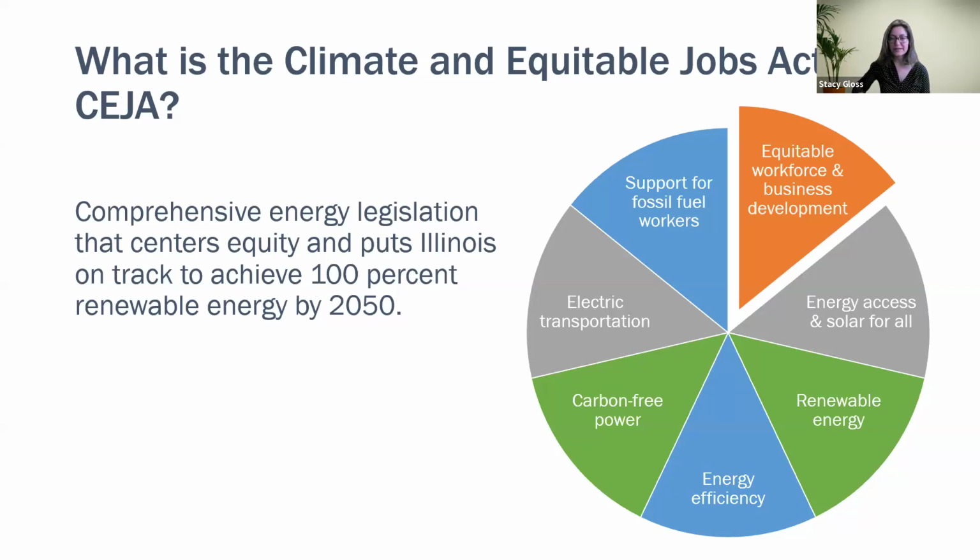We will be talking about these today, but I also want to emphasize that there's a lot more to this legislation. CEJA encompasses energy access and solar for all. It includes renewable energy components, energy efficiency components, important for achieving carbon-free power. CEJA also includes funding for electric transportation and support for fossil fuel workers and their families.